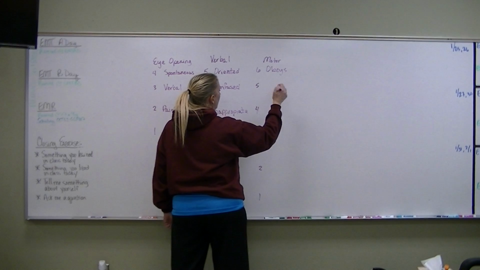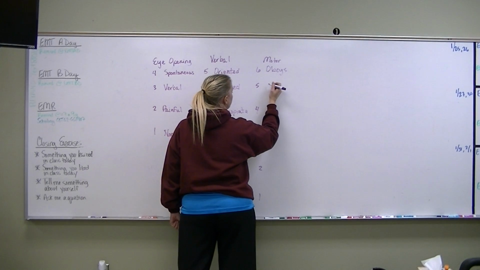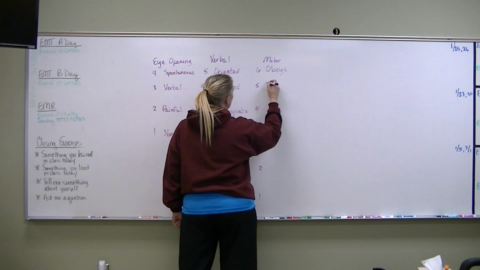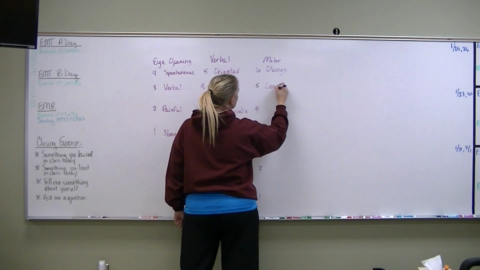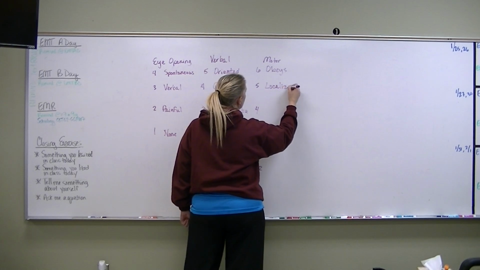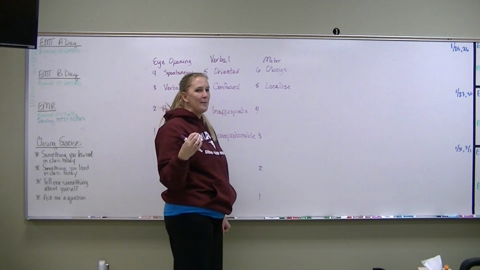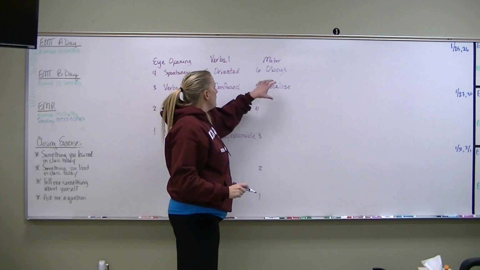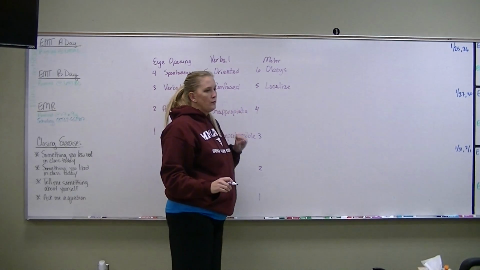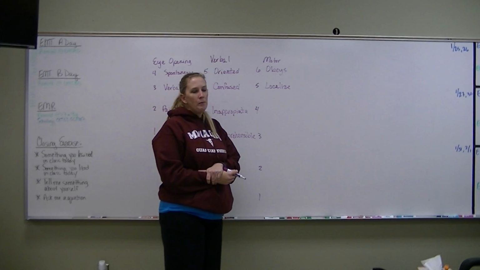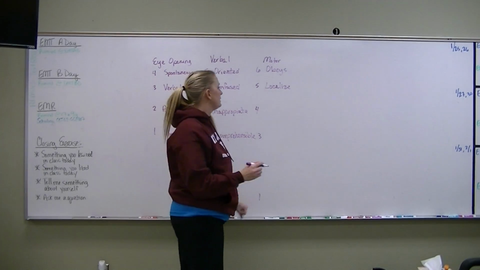Then we have localizes. So they localize their pain to whatever area it is that the pain happens in. So if they obey you, wonderful. If they say, I'm sorry, I can't move my arm because it hurts too bad, that's localization.